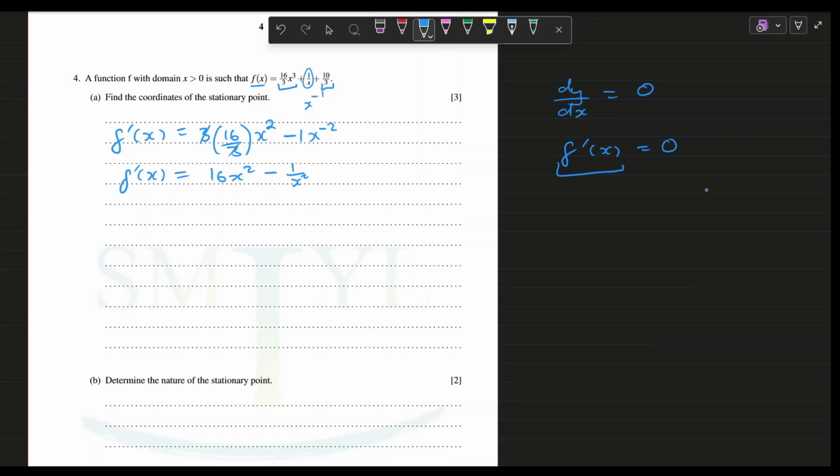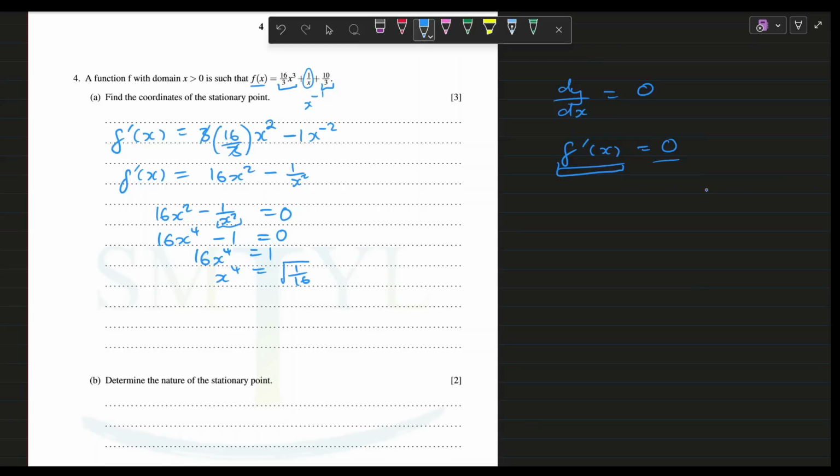Alright, so we found our f prime of x, and we said we should equate it to 0. So 16x squared minus 1 over x squared is equal to 0, and we have to solve. Let's multiply through by x squared to get rid of our denominator here. So that becomes 16x to the 4 minus 1 is equal to 0, and now we're just solving for x. So we get 16x to the 4 is equal to 1, so x to the 4 is equal to 1 over 16.